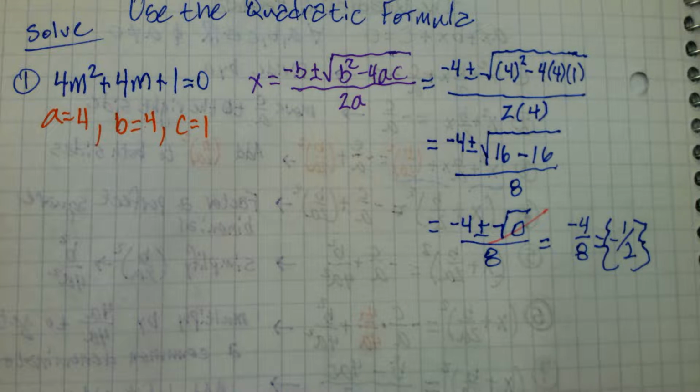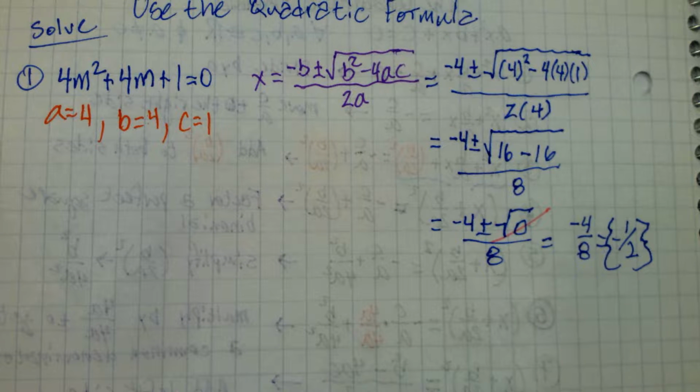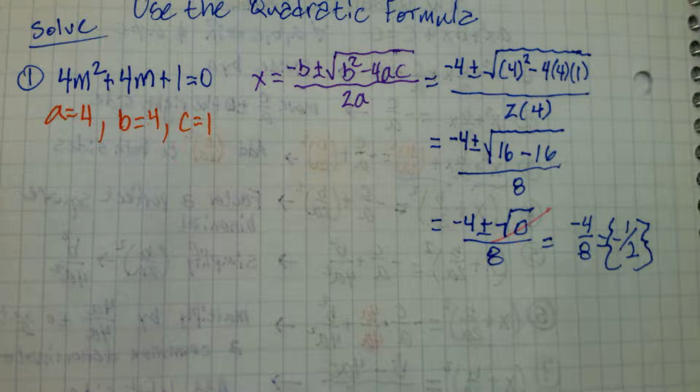Okay, so I got negative 1/2 as the answer, and that's it. Okay, so we know that because we learned that square root of 0 would give you one solution. In this case, it's negative 1/2.